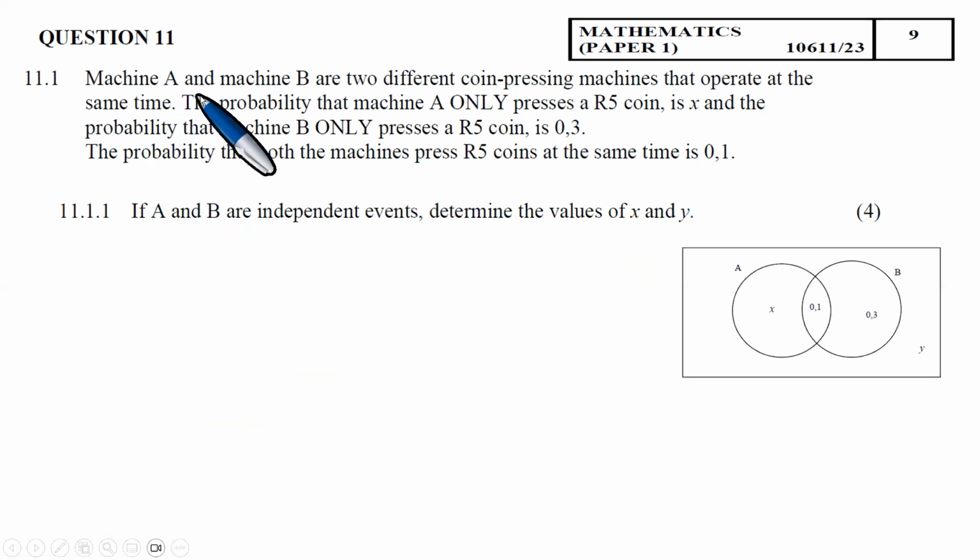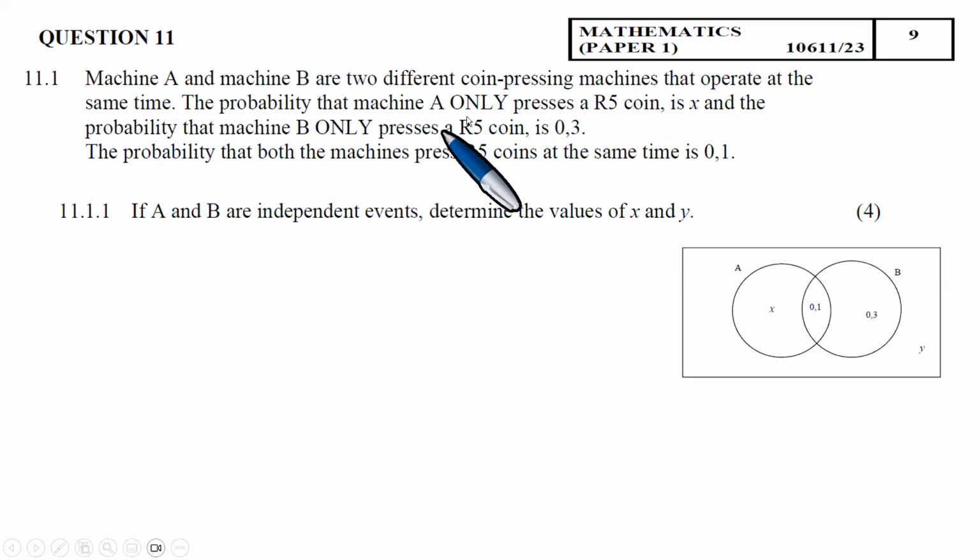Machine A and machine B are two different coin pressing machines that operate at the same time.